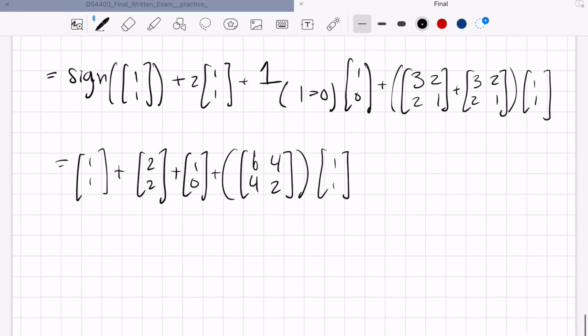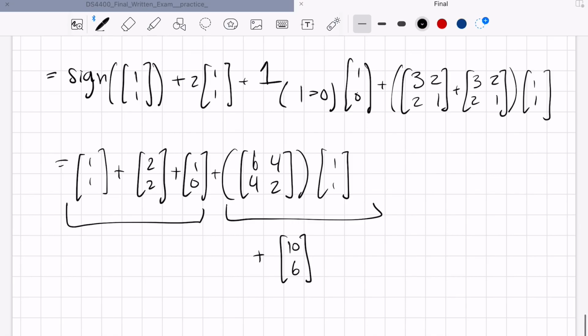Simplifying all this out, the top is 6 plus 4, which is 10, plus 4, and the bottom is 4 plus 2, which is 6, plus, and all of this together: the top is going to be 4, because 1 plus 2 plus 1, and the bottom is going to be 3.